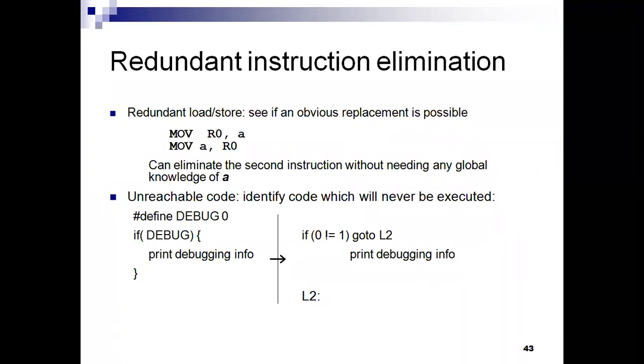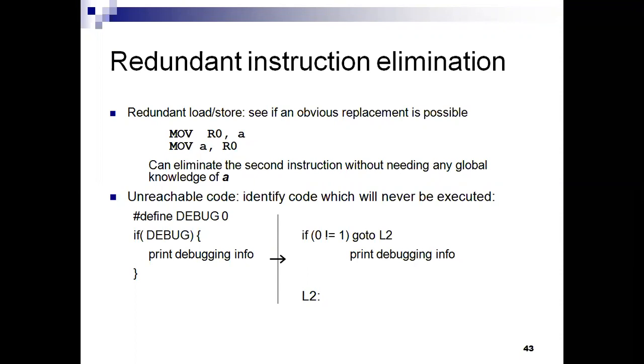Here we can eliminate the second instruction, because a is already in r0. But if the instruction move a comma r0 has a label, then we cannot remove it. So this is the way of eliminating redundant instructions.